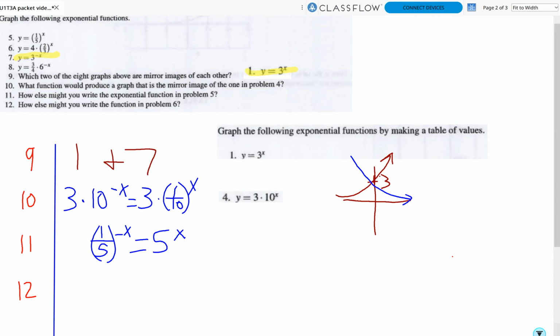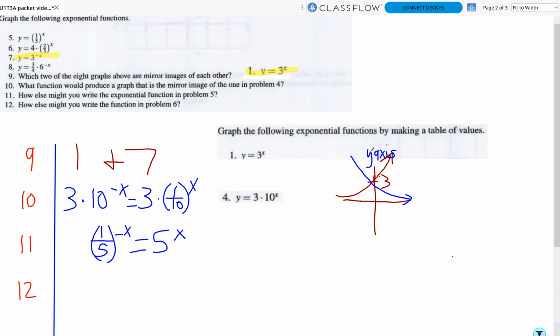Sorry, I said inverse, but that's not what I meant. It is a mirror image over the y-axis. So that is not an inverse. Remember, inverses are mirror images over y equals x.